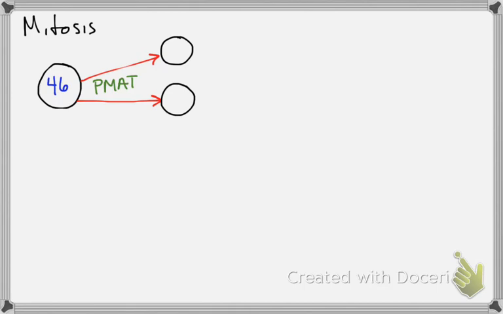At the end of mitosis, you're going to have two cells that are identical to the original one. Both are going to have 46 chromosomes, and they're also going to be diploid. So there's one division in mitosis. It results in two identical cells that are diploid, meaning they have two sets of chromosomes, a total of 46 chromosomes, which are 23 pairs.